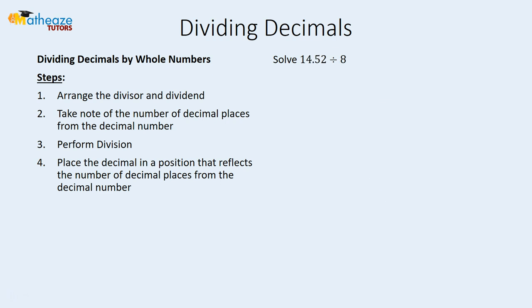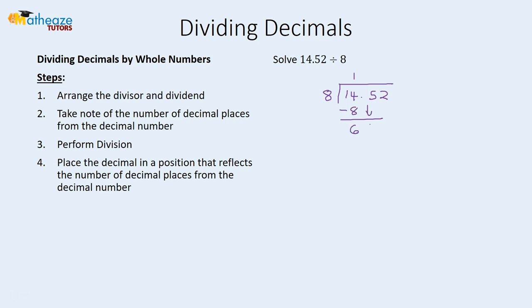So let's look at this one. We're going to arrange as usual. 14.52, we divide by 8. So 14 divided by 8, we have 1. 1 times 8 is 8. We subtract, we get a 6.